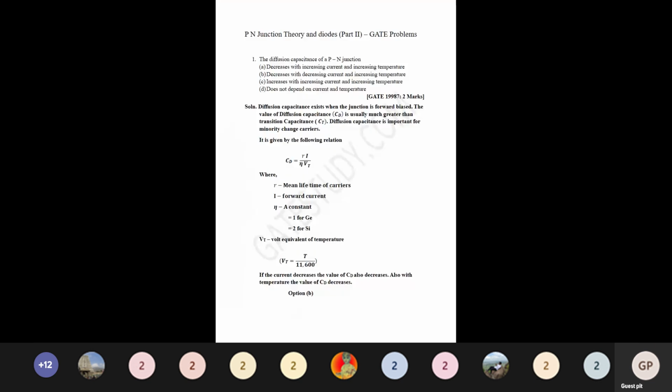Now we will move on to the PN junction theory and diodes, the GATE problems. The first problem is: the diffusion capacitance of a PN junction is, and there are four options.